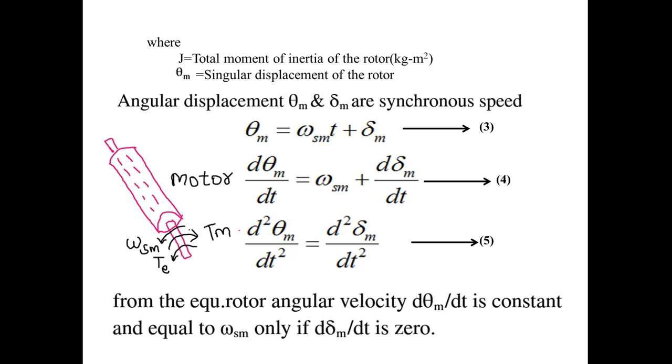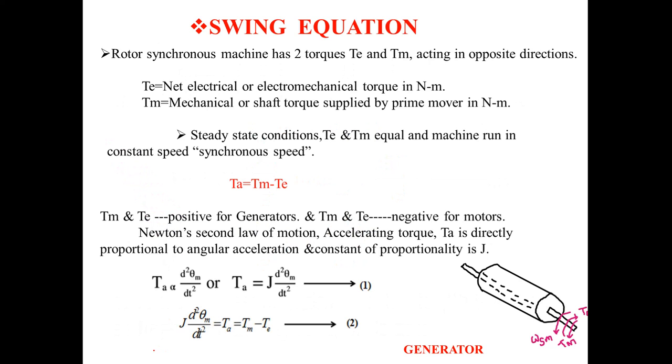Okay, so here under the steady state condition, my electrical and mechanical torques will be equal and the machine will run at a constant speed called synchronous speed. So this will be equal to the accelerating torque.